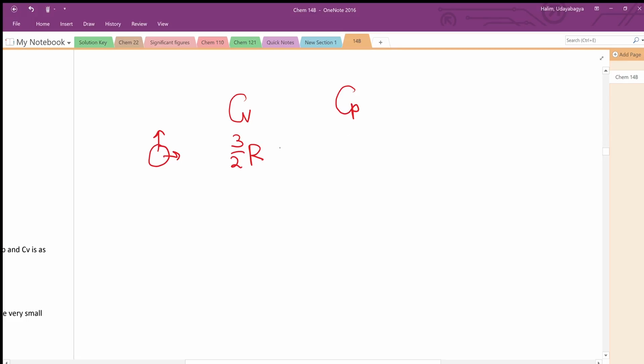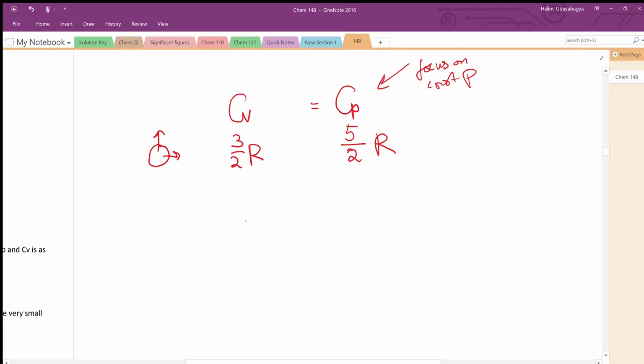Specifically, it's going to be higher by exactly R. So if my Cv is 3/2 R, the heat capacity at a constant pressure is going to be 5/2 R. And most of the time, this is what we're going to focus on, constant pressure.